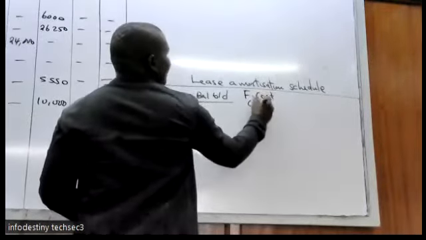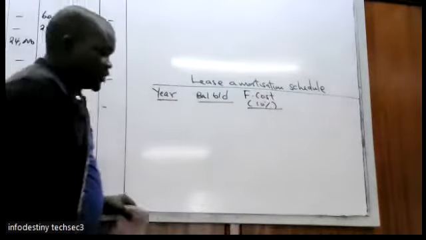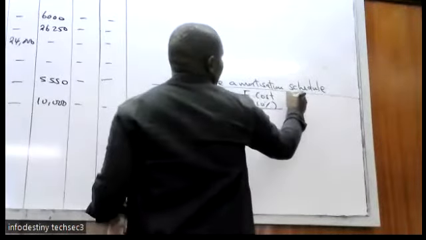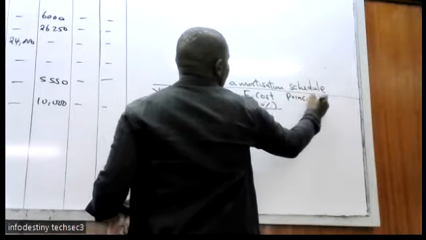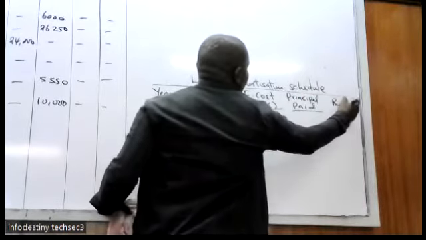They have said the implicit rate was 10%. Then you say principal paid. Then balance carried down. Like that.